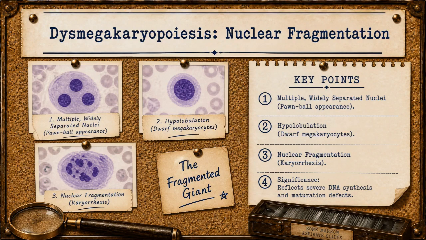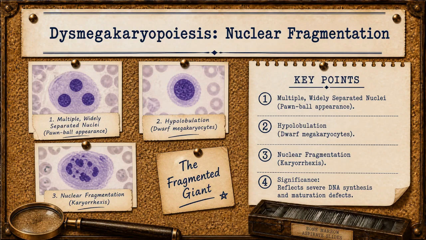And finally, a very distinctive feature is separated nuclei. Instead of a single, albeit lobulated, nucleus, the nucleus appears fragmented into multiple distinct, unconnected pieces within the cytoplasm. This is a clear sign of severe nuclear disorganization and a strong indicator of dysmegakaryopoiesis.